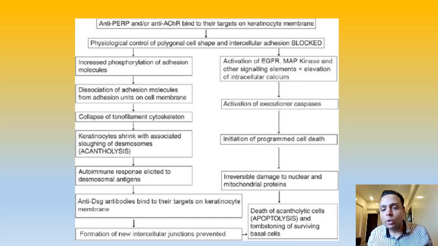So when they looked by immune electron microscopy, they were very shocked that even the desmosomes were intact till the late phase of complete acantholysis. So they wanted to understand whether any other antibodies were there, because when you do ELISA of the serum, you get desmoglein 3 and desmoglein 1.